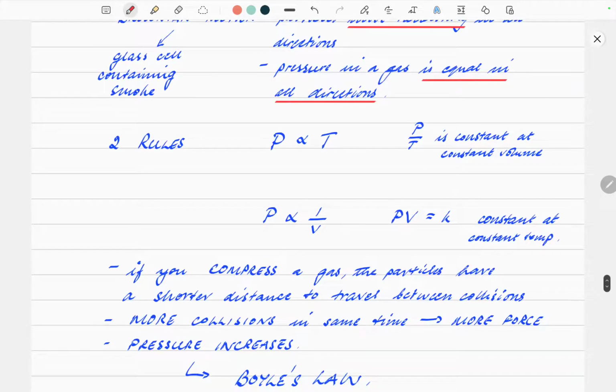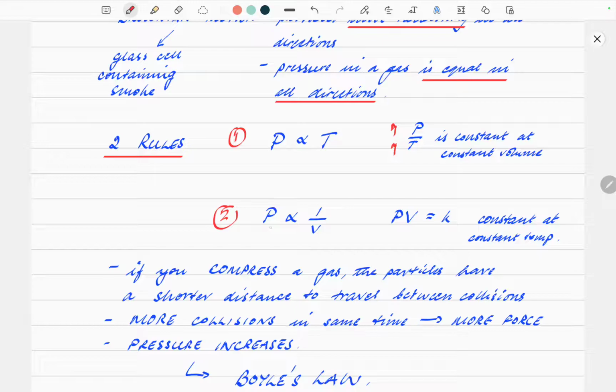And finally, to finish up, two pressure rules that you need to know. We've already demonstrated that pressure is proportional to temperature. So that means pressure over temperature is constant at a constant volume. If temperature goes up, then pressure must go up. The second rule, so that's your first one.